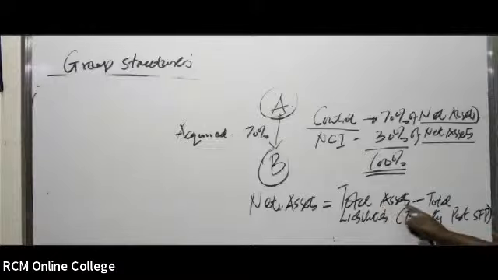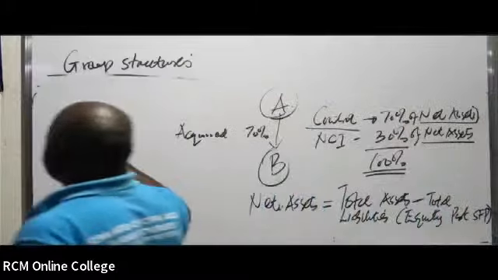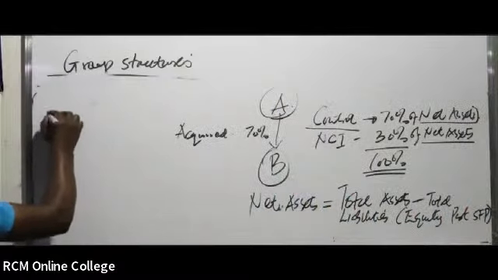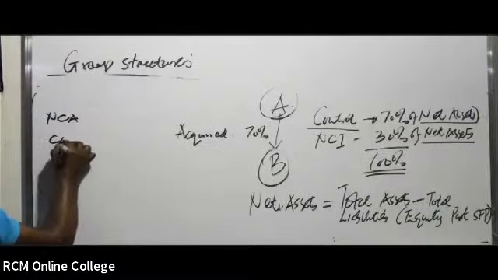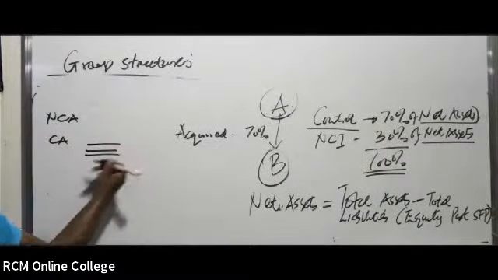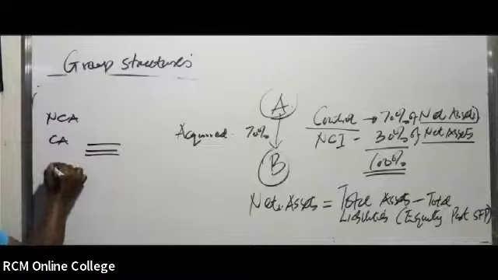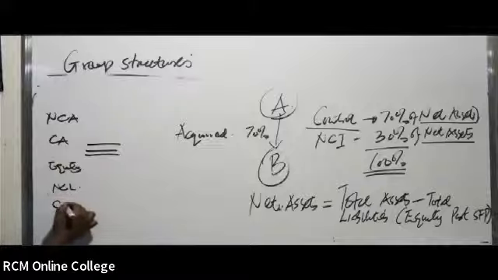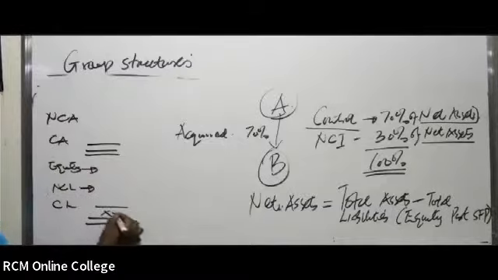So you talk about total assets minus total liabilities. Because of how we present the balance sheet: we say non-current assets, then current assets, we close. Then we have equity, then non-current liabilities, then current liabilities, then we close. So they should balance.